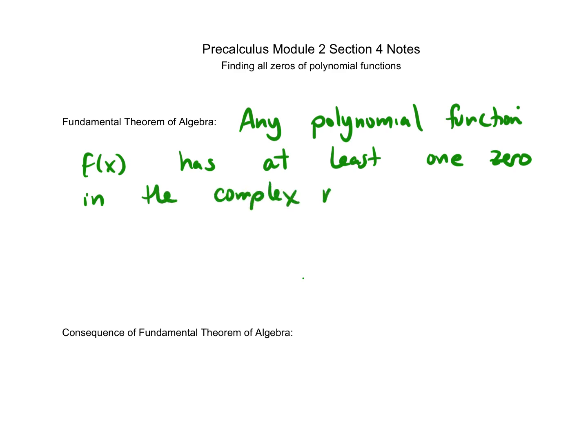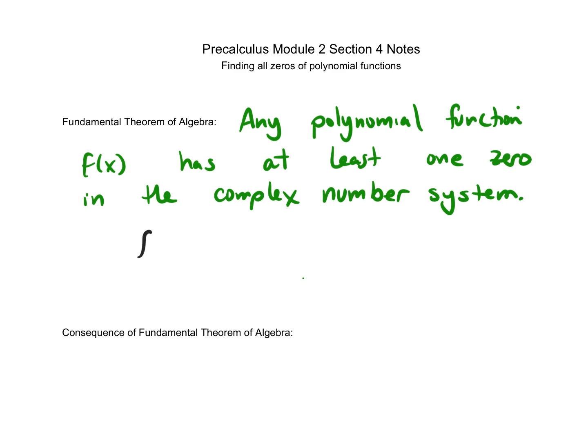So this doesn't seem like a very important theorem because we've seen lots of zeros of polynomial functions. But this says any polynomial function I give you, it will have at least 1 zero.